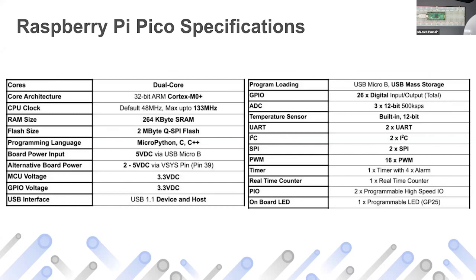There are, of course, 2 CPU cores, and it runs at a maximum of 133 megahertz. It's got 264 kilobytes of RAM, right? I know what you're thinking. Hey, my laptop has 16 GB of RAM. This is not even 1 megabyte. What are you talking about, right? But you'll be very, very surprised what you can do with 264 kilobytes.